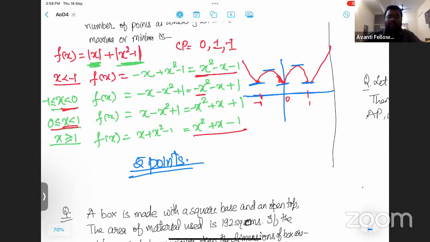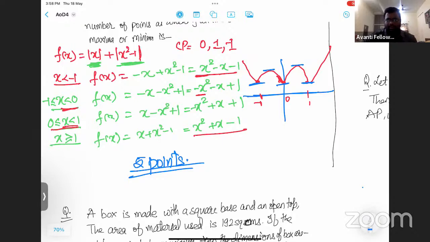Okay, so this can also be a method to solve such questions where we write the definitions of the function, and if possible we draw the graphs and assess. If it had asked for the values, then probably we would have gone for the differentiation method. But since it only asks for the number of points, I guess this is a better method.